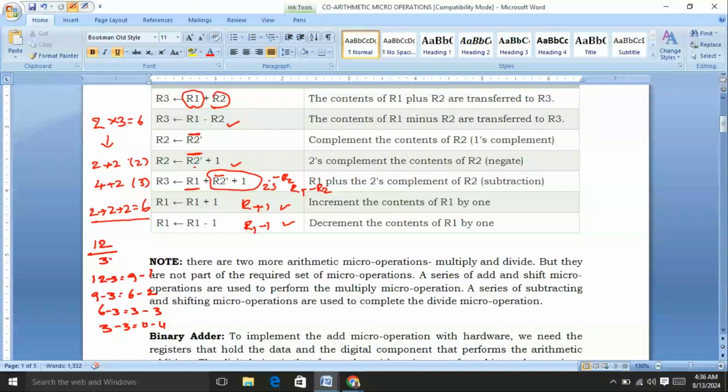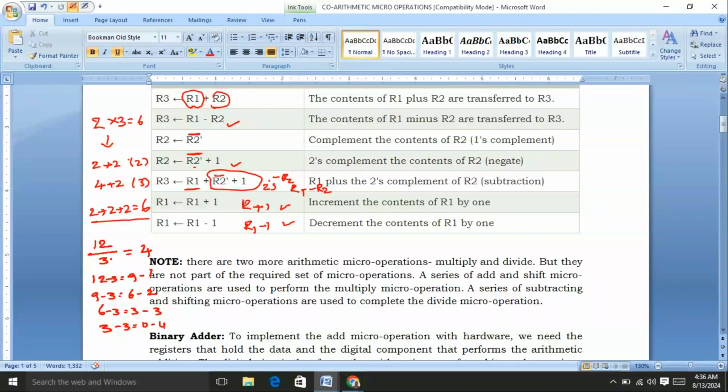So 12 divided by 3 equals 4. Multiplication is performed with the help of addition and division with the help of subtraction. Hence, multiplication and division are not considered micro operations.